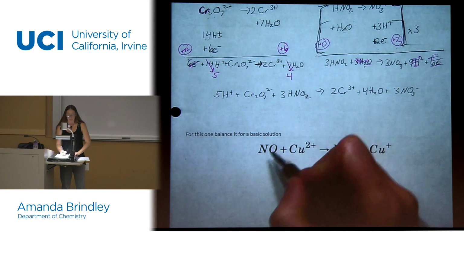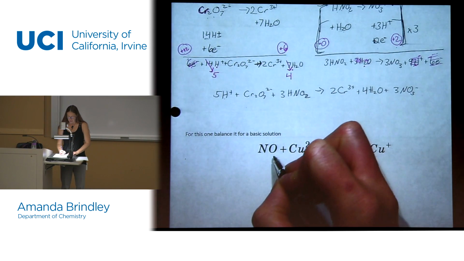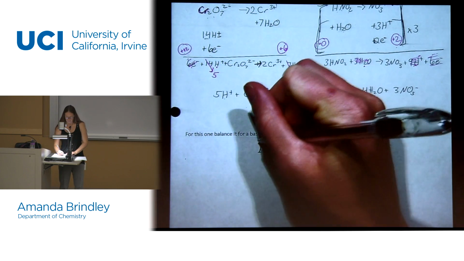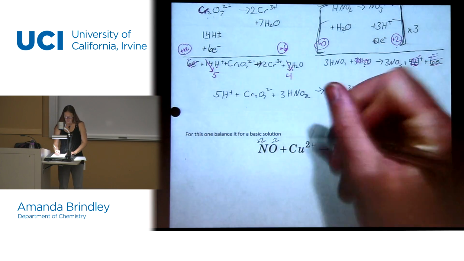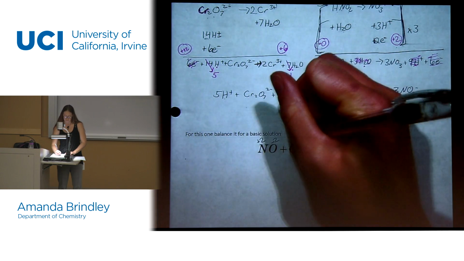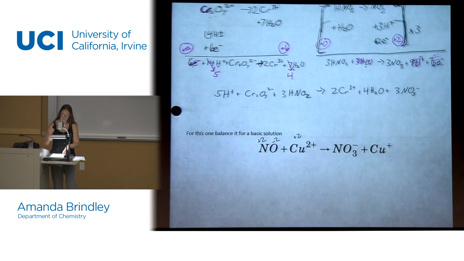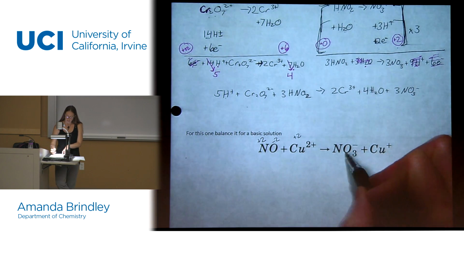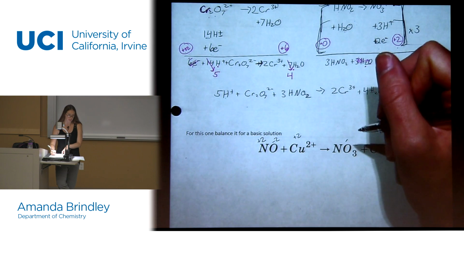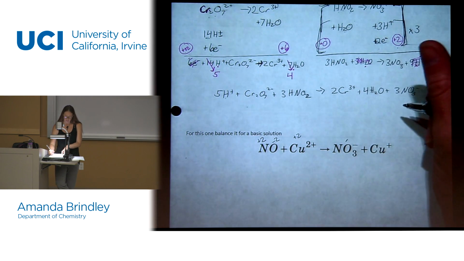Okay, oxidation numbers first. What's our oxidation number on the oxygen? Which makes nitrogen? What's the oxidation number on copper 2+? 2+. What is our oxidation number on this oxygen? It's pretty much always the same for oxygen, there's like one exception.